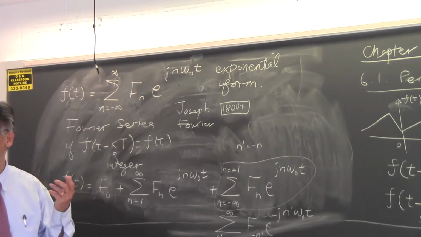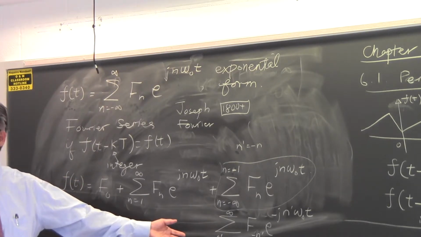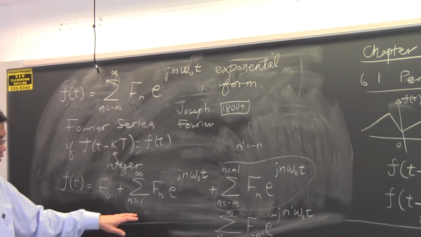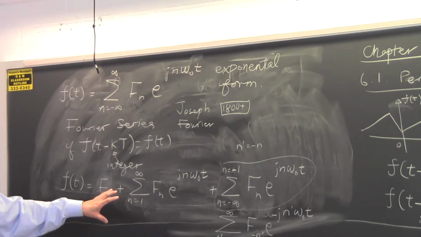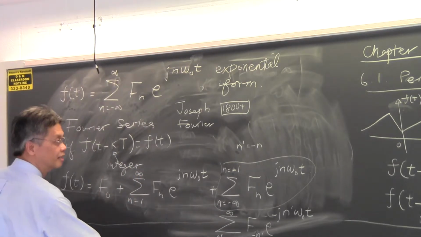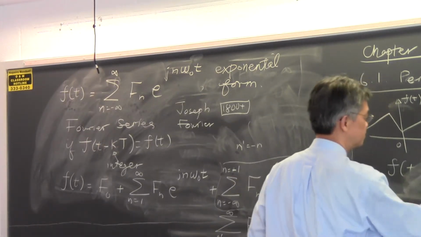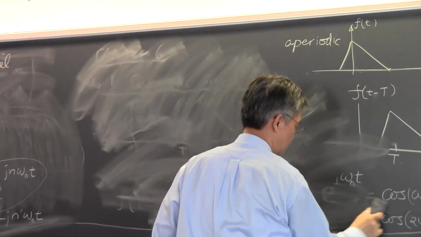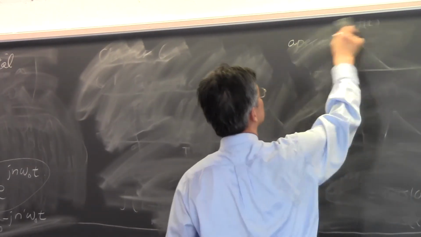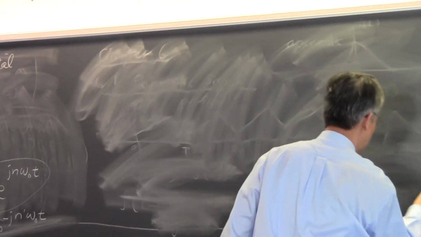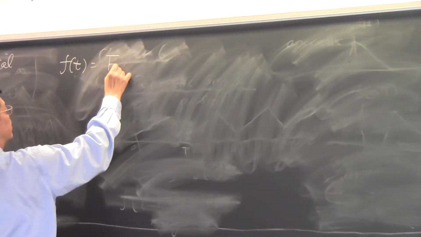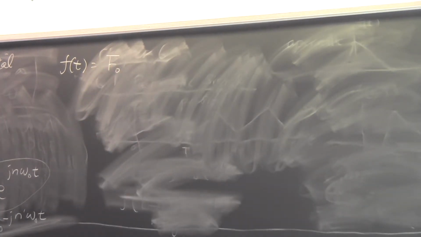Okay, but n prime is just a dummy variable. I could have called this n prime n without confusion. Okay? If I've called this n prime n, then I can combine this sum with that sum into one summation. So in the next line, then I can say f of t would be equal to the constant term, which is also called a DC term because it doesn't change with time.